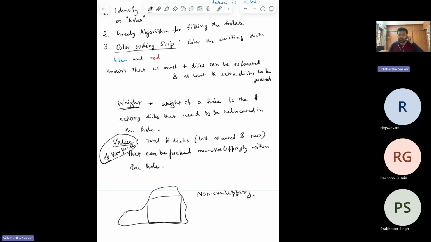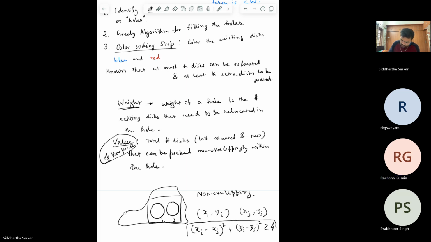Consider two disks, I and J. If these two disks are placed non-overlappingly within the hole, then their centers must be at least two distance apart. Let us say one center is (Xi, Yi) and the other center is (Xj, Yj). They ensure that (Xi minus Xj) squared plus (Yi minus Yj) squared is at least 4.